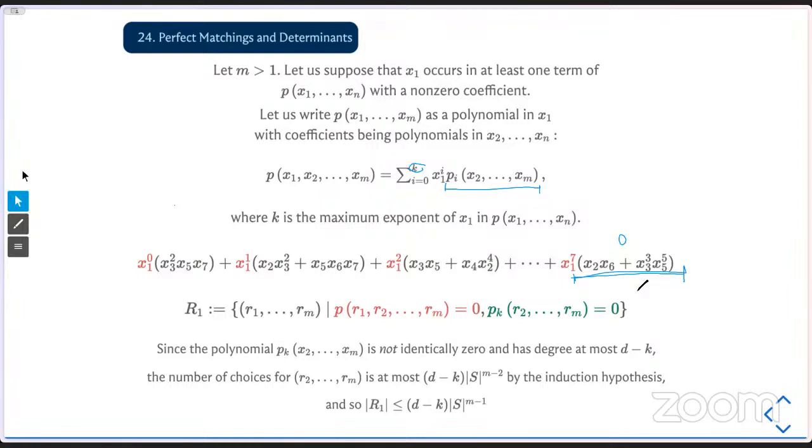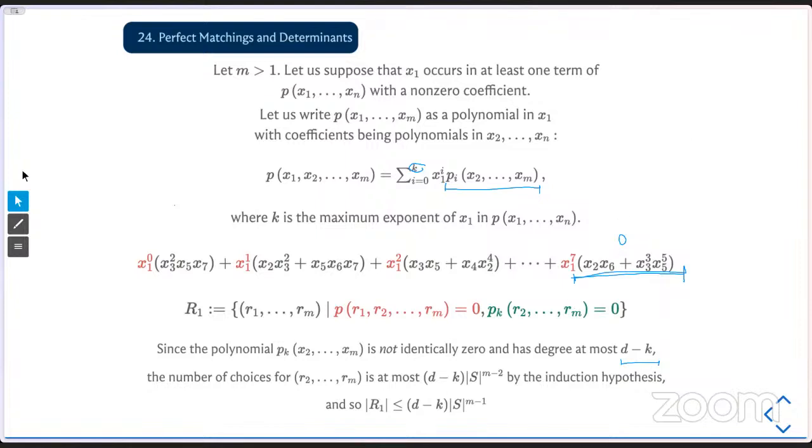The induction hypothesis applies, and what is its degree? The original degree is d, and I've pulled out x1 to the k, so the degree is also bounded by d minus k, where k is at least 1. So the degree has also dropped.